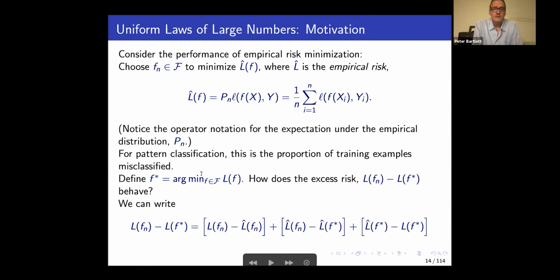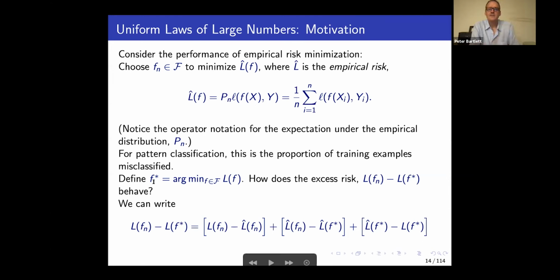Okay, so we talked about, I've written here, F star. I wrote an infimum earlier, and now I'm saying arg min, as if that infimum was a minimum. Assuming that it exists, this is the function in the class that achieves the smallest risk. If it doesn't exist, replace this with something where F star is as close as you like to the infimum, let's say within some epsilon, and you can make that epsilon as small as you like.